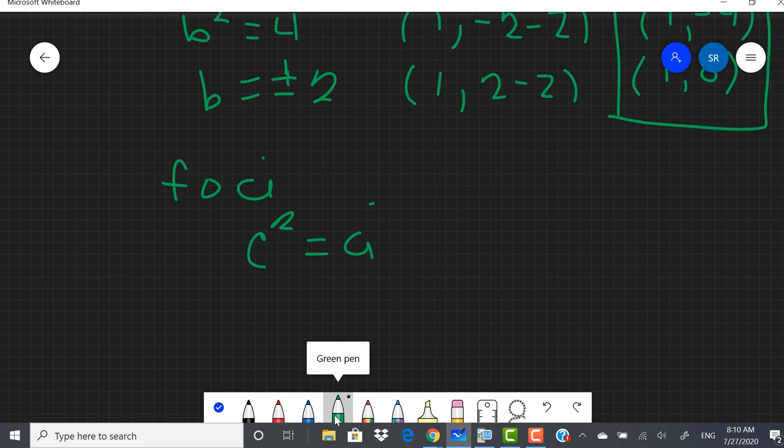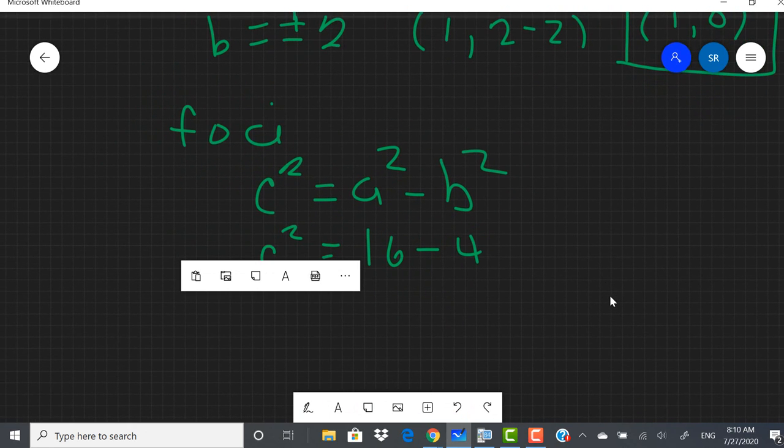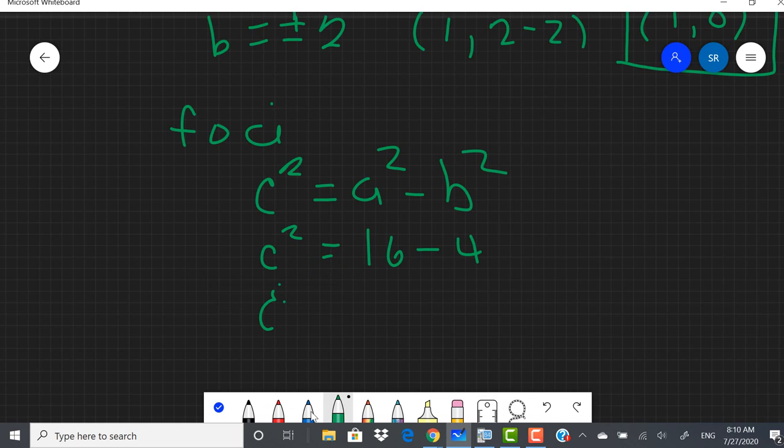So I need the larger number, a squared minus b squared. So my c squared equals 16 minus 4. So what is 16 minus 4? So c squared equals 12.